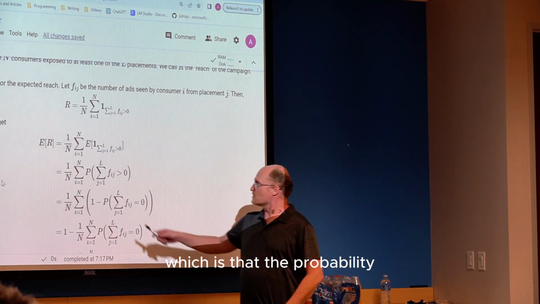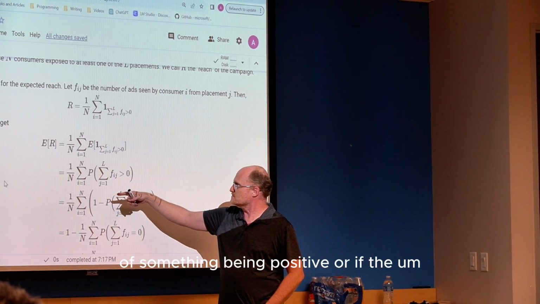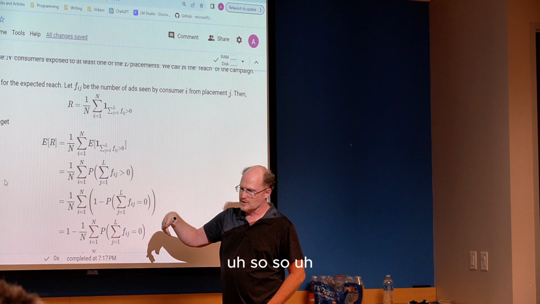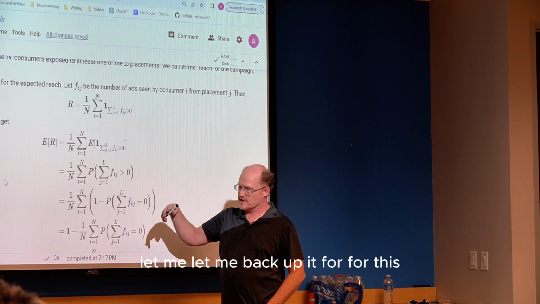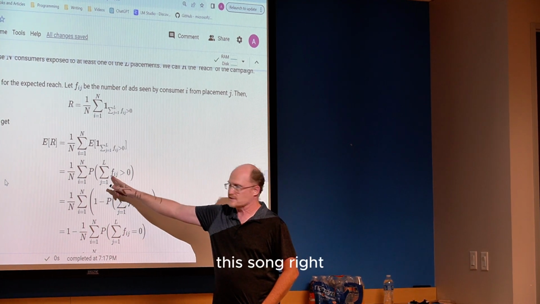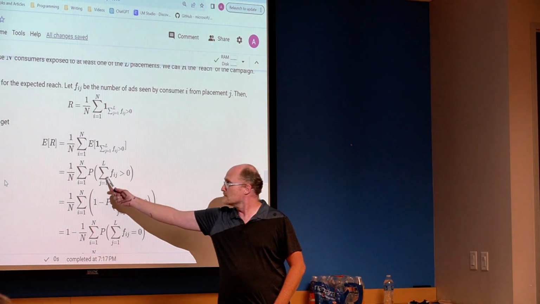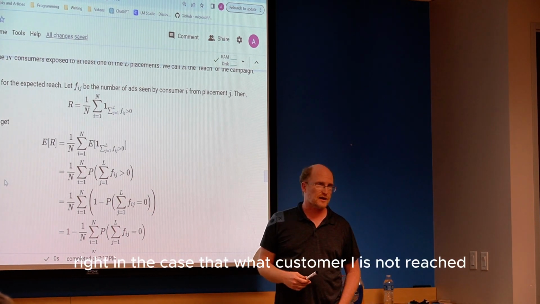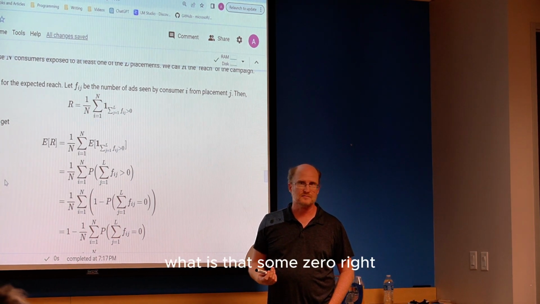But first, I want to use the trick that Ahmed explained very well earlier. Let me back up. What are the possible values for this sum? What's the smallest value that sum could be? In the case that customer i is not reached, what is that sum? 0.